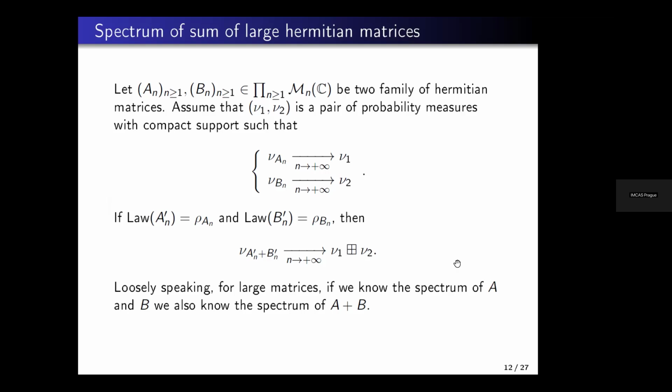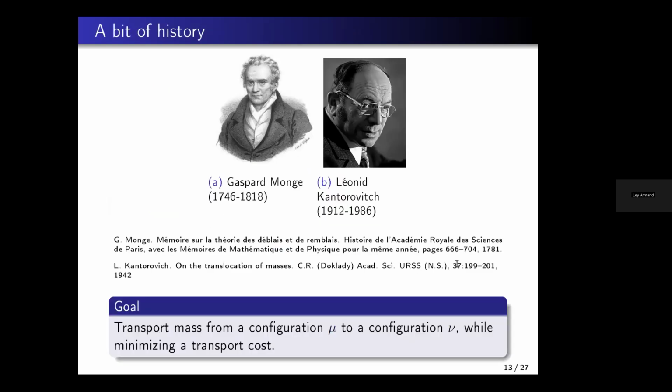Thanks. Thank you, Andrea. Okay, I will go a little bit quickly, so I will pass on historical details. Now I will speak about optimal transport. But let's say the main objective in optimal transport is to transport mass from a place to another place.